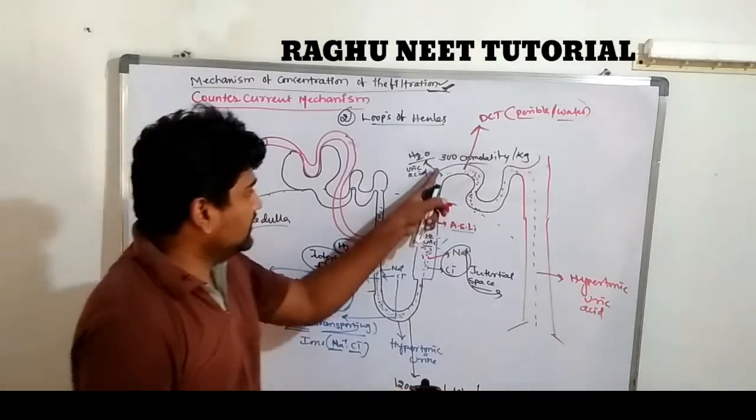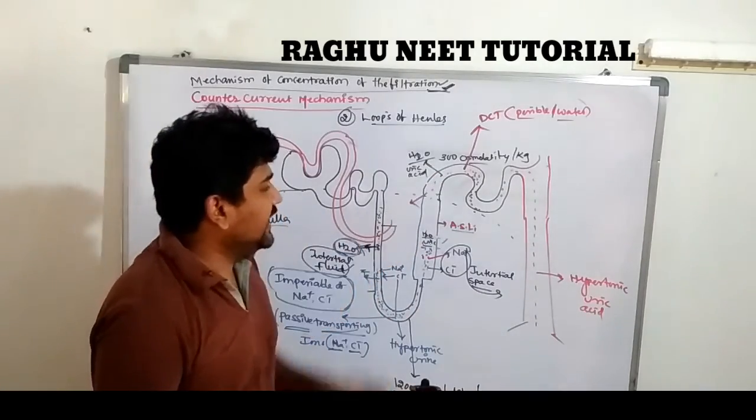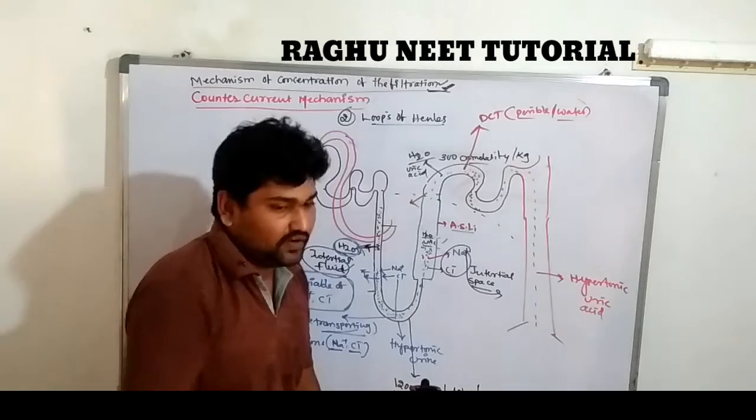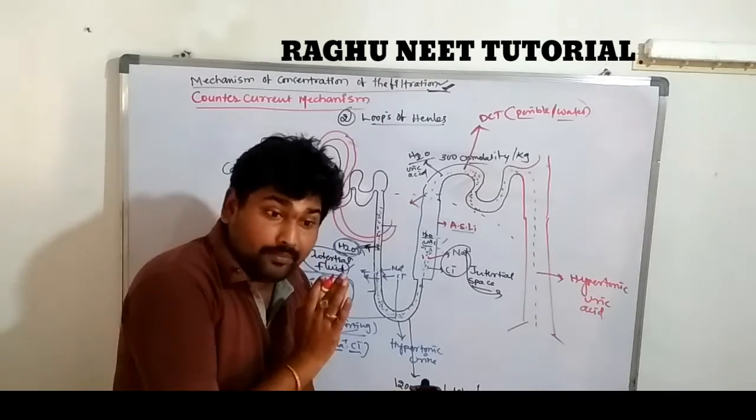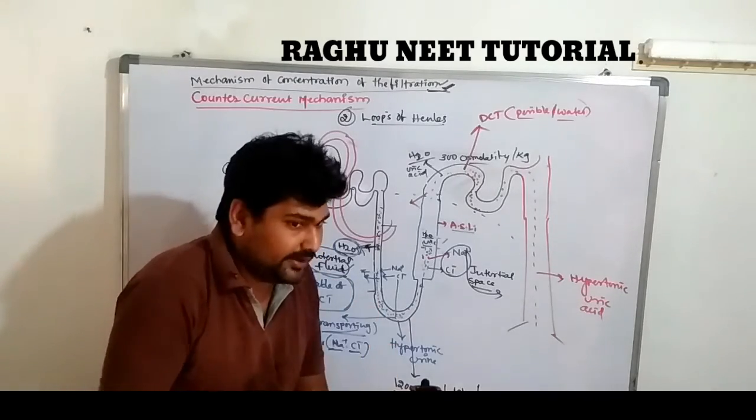Are you clear? So finally the ascending limb leads into the distal convoluted tubule. The distal convoluted tubule is permeable to water and non-permeable to sodium and chloride ions.